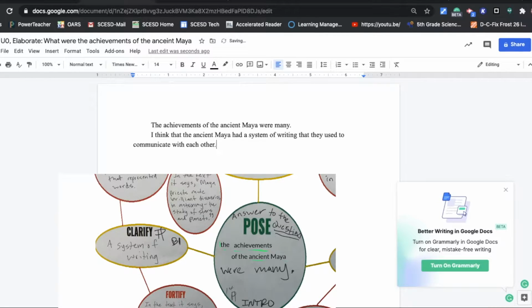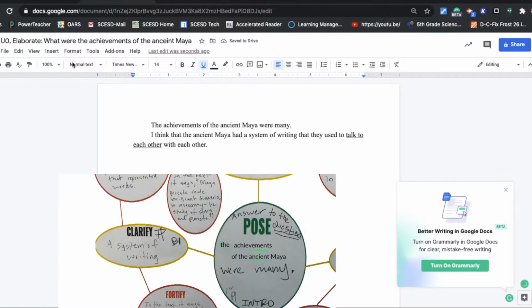And what I've done there, I want to show this off real quick. With this word communicate, I got this from our Hawk High Fives, but it's also a domain, or an academic word. So this is better than if I were to erase this and say they had a system of writing that they used to talk to each other.